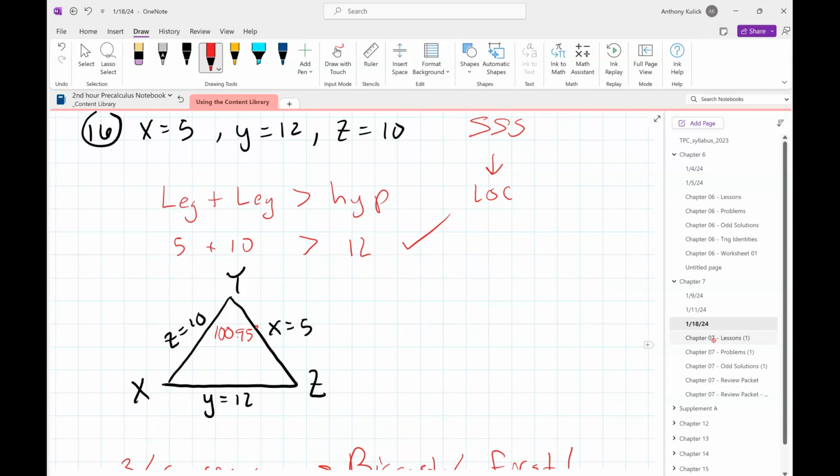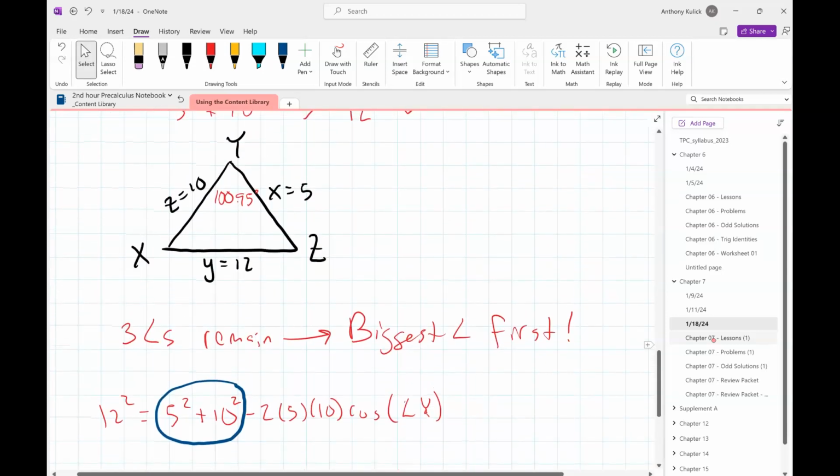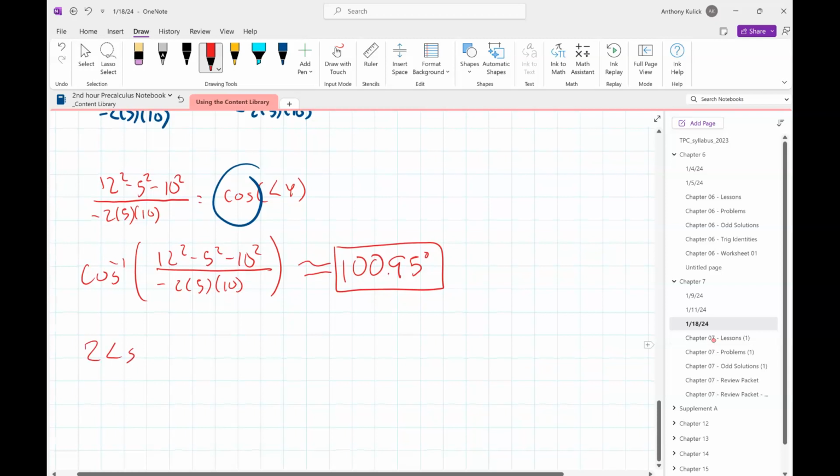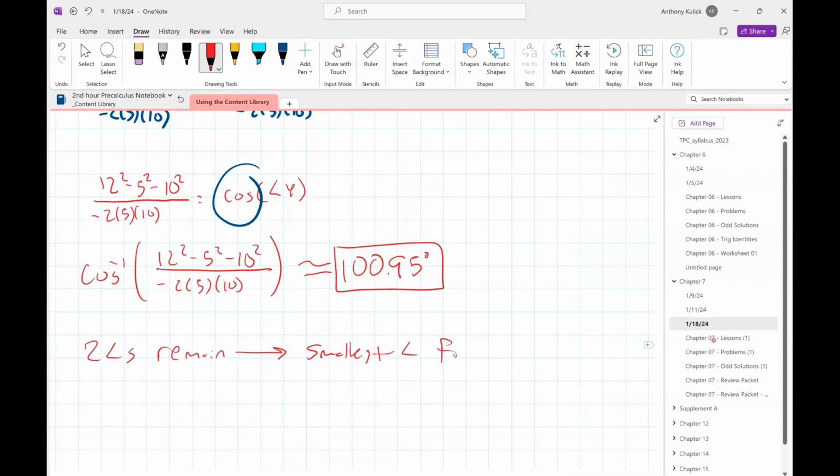Now, with two angles remaining, which angle do I need to solve for next? I need the smaller angle when there's two angles remaining. Okay, so we'll set it up the same way.